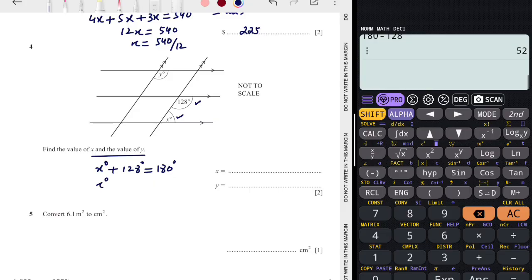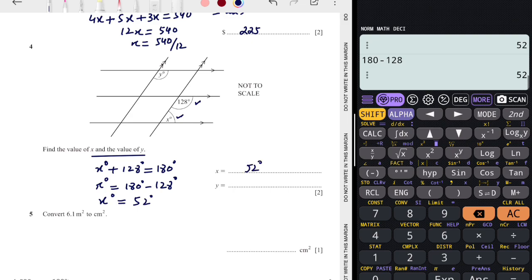Now we are going to subtract them. So x is equal to 180 degrees minus 128. 180 minus 128, answer becomes 52. So angle x is equal to 52.